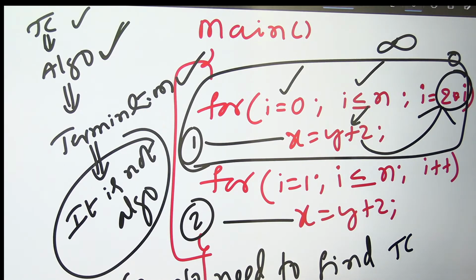Because here there is no function call. Where is the push? If function calls keep on going, then you have to keep on pushing, so the stack will be over. But there is no function call here, so there is no push. When you don't push, where is the stack overflow?